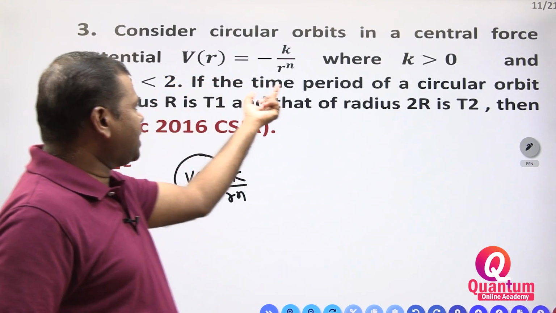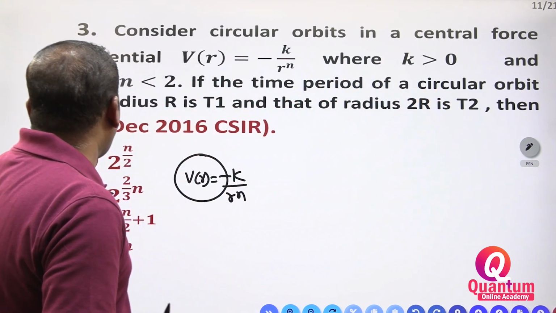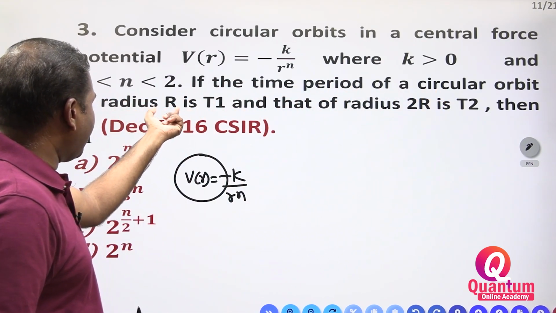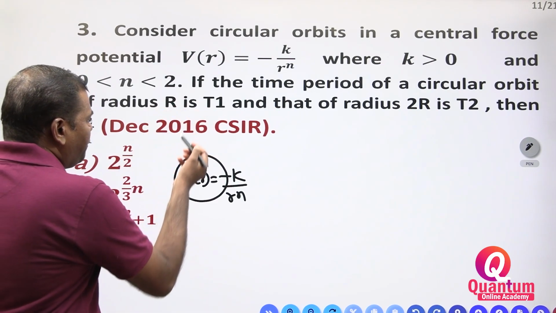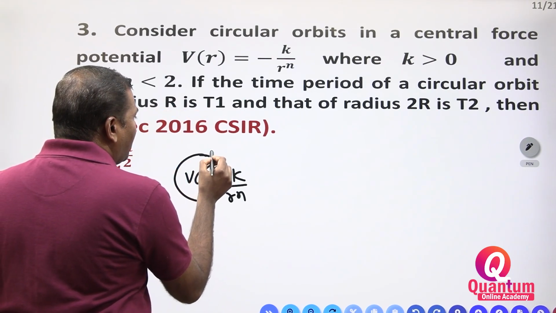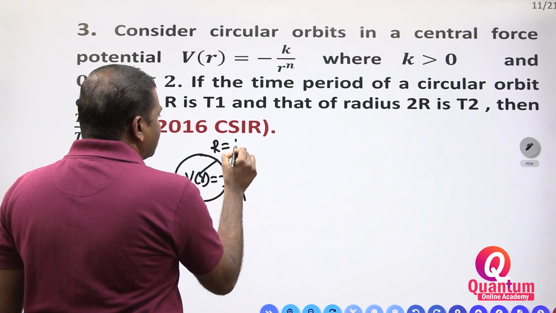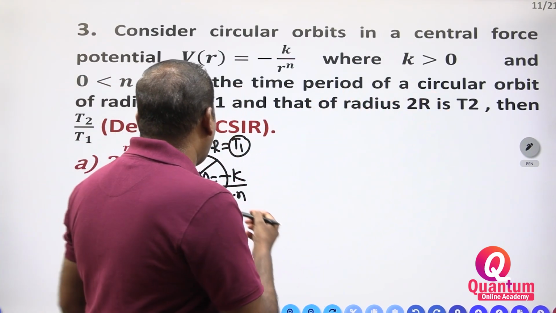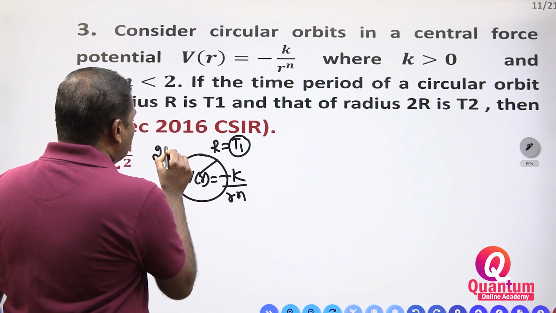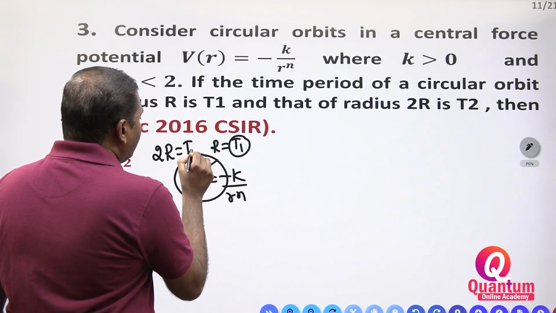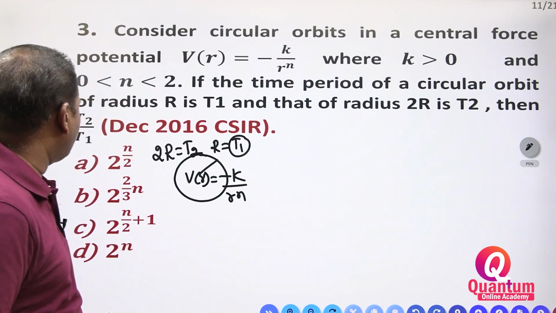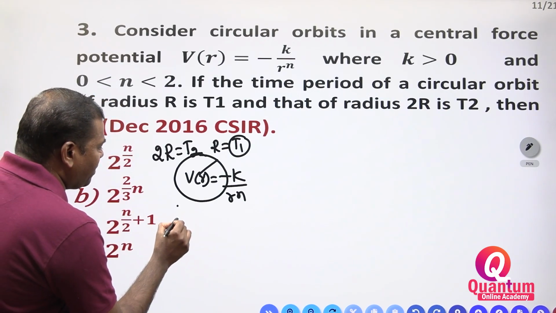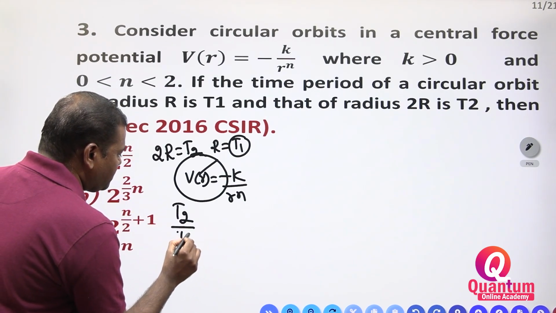If the time period of the circular orbit of radius r is T1, and that of the orbit of radius 2r is T2, then T2 by T1 is equal to how much?